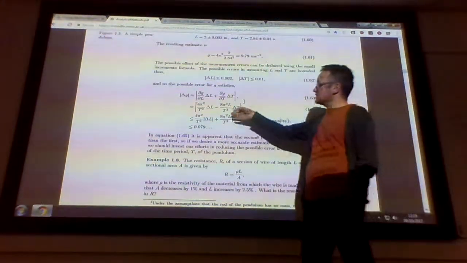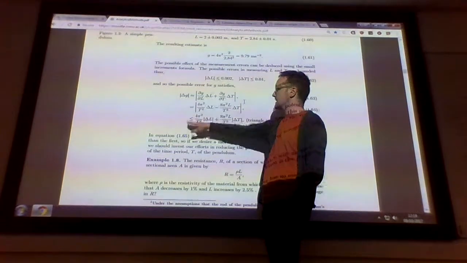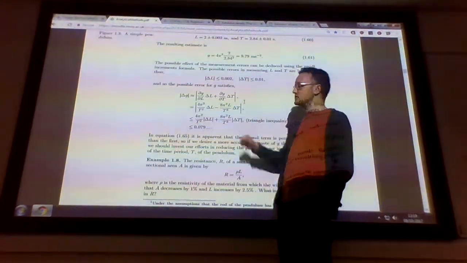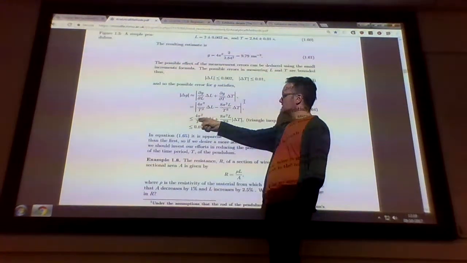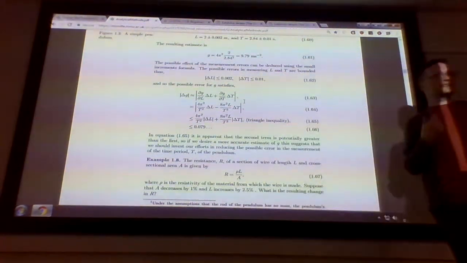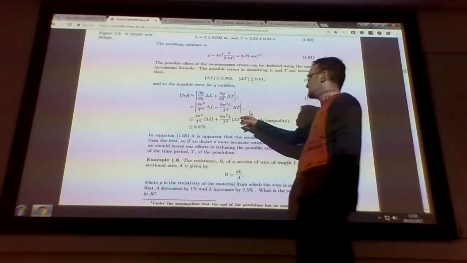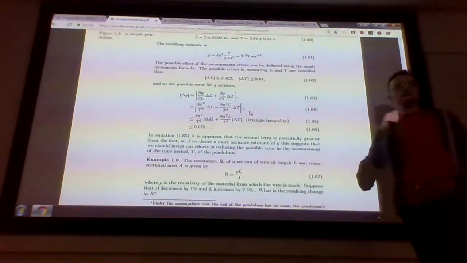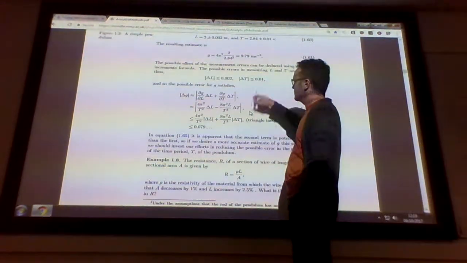But then we applied the triangle inequality, so the absolute value of the sum of these two quantities is less than or equal to the sum of the absolute values. We don't need absolute value signs around L or T because those are positive quantities, a length and a time measurement. But the absolute value signs remain over delta L and delta T, which would be the actual errors in measurement that were made at the beginning. But we have upper bounds for those of 0.002 and 0.01 respectively.